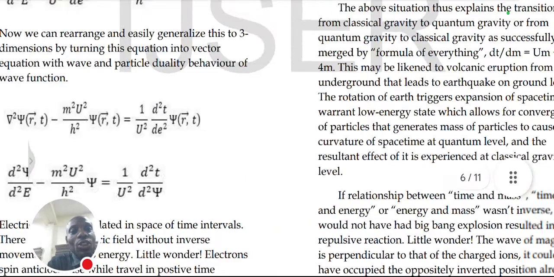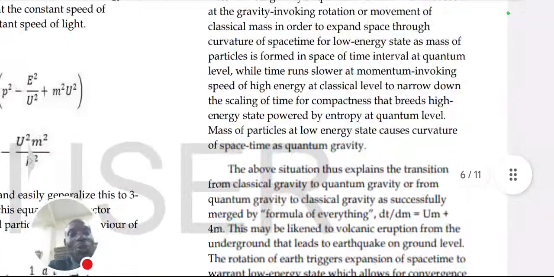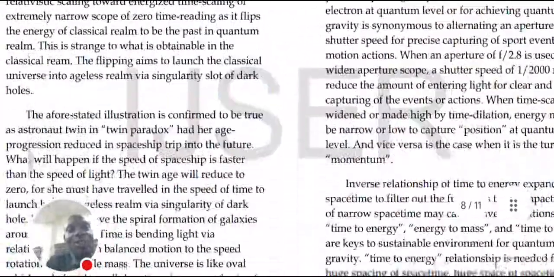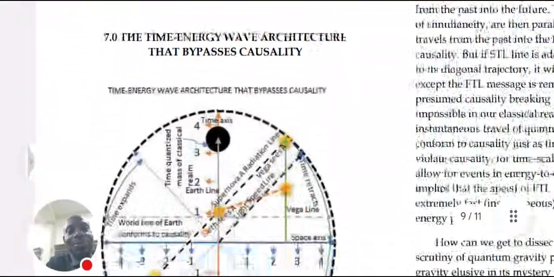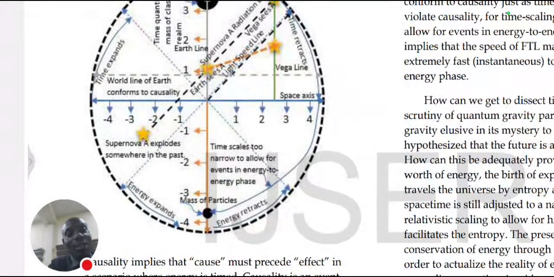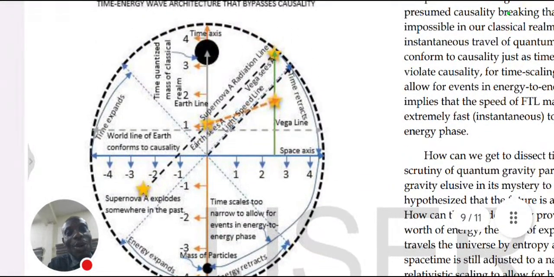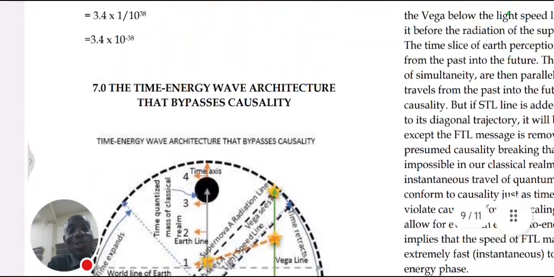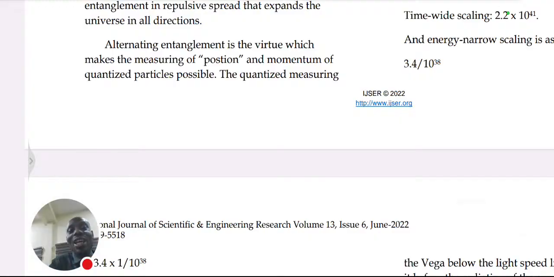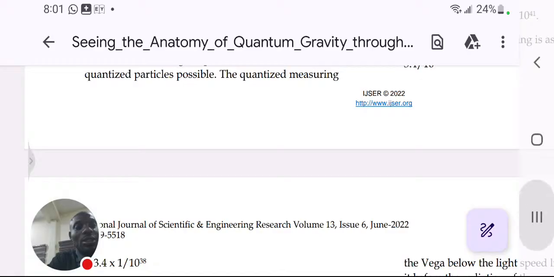So that is that. Okay, so that is that, and then if you read further, you get to see where I talk about causality and then non-causality, because in the black hole, whether you like it or not, there is nothing like causality.